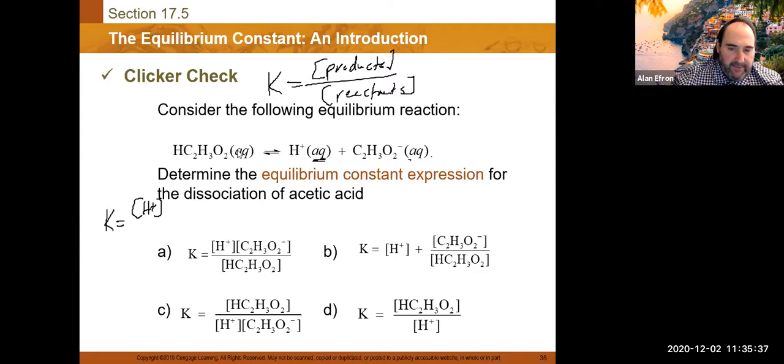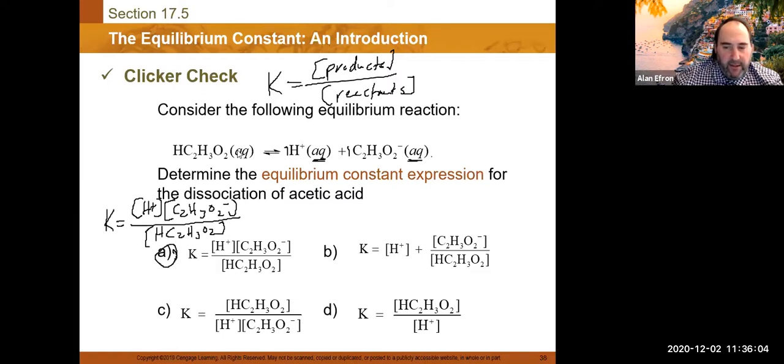We would also multiply it by the concentration of acetate. Each of these coefficients is 1, which is why we don't have to put any exponents, divided by our reactant, which is acetic acid, also with a coefficient of 1. So it should look something like that. It looks like perhaps A is the winner there, I think.